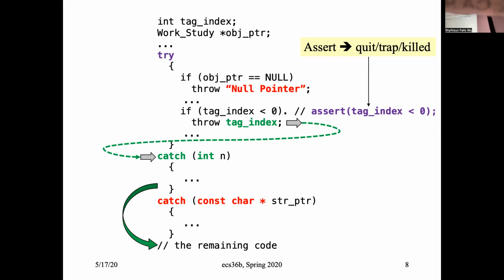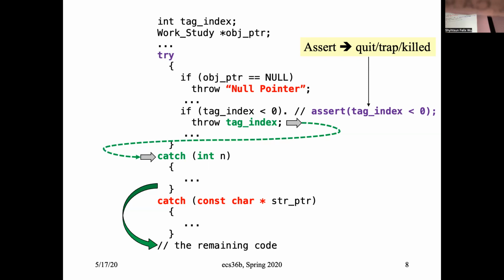But we can have a standard exception called std::exception, and all the exception objects you want to have in your program should be derived classes from it, such that I just need to say catch, and then std::exception e, which means that if you throw a standard exception, good, I can catch it with this one.